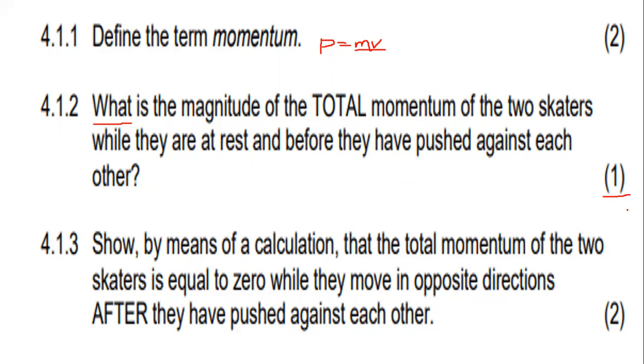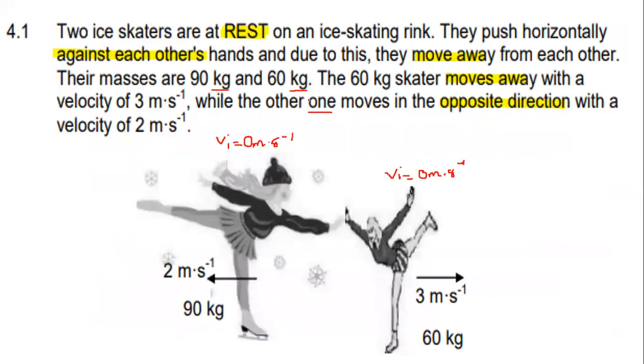Why don't we have to perform a calculation? Because the question says what. It means from our theoretical background, we can answer this question. And remember, we want the magnitude of the total momentum, right? So we want the total momentum of the 2 skaters while they were at rest.